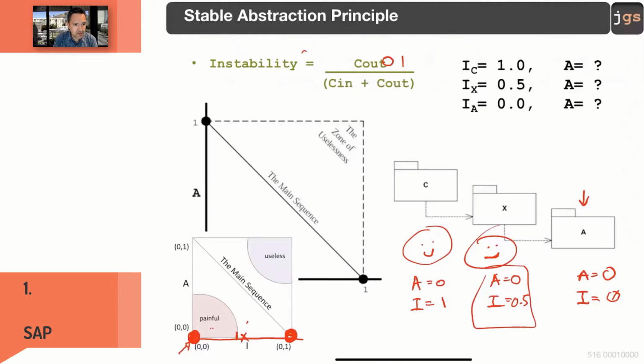What happened if I told you a different story? If I ask you a different question, you know what? All these 3 packages, all of them, the only thing that they have is abstract classes or interfaces, whatever. So for all of them abstractness goes to 1, without going into the details.